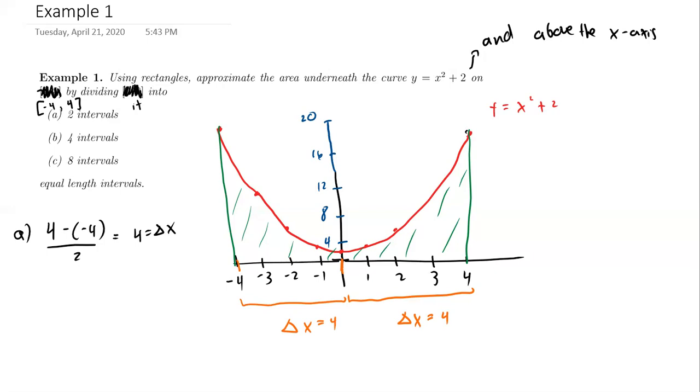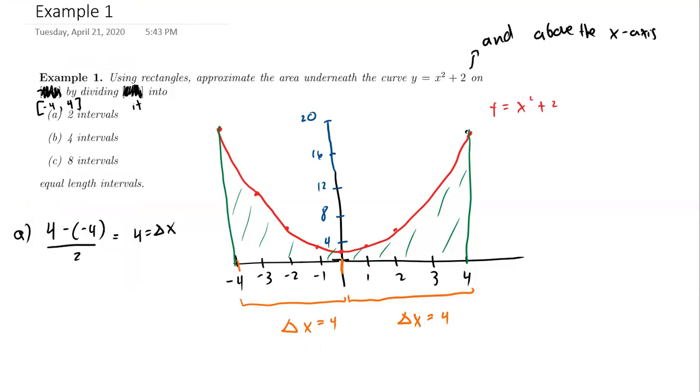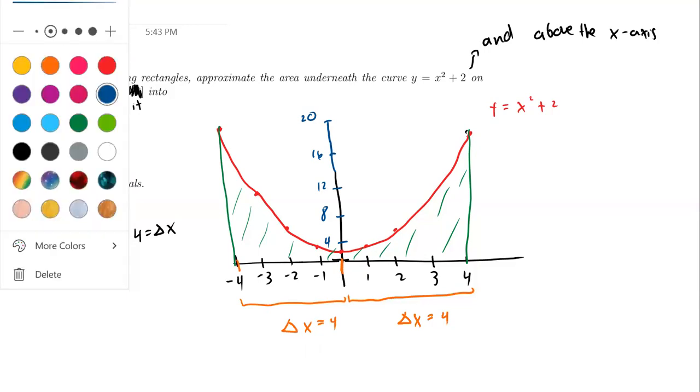For the height, we have a couple options. I want the height to be determined by the function. In particular, I'm going to draw a rectangle on the left endpoint. On each subinterval, I'm going to look at the left endpoint, and whatever function value I have there, that's going to be the height of my rectangle. For the first subinterval, the left endpoint is -4.